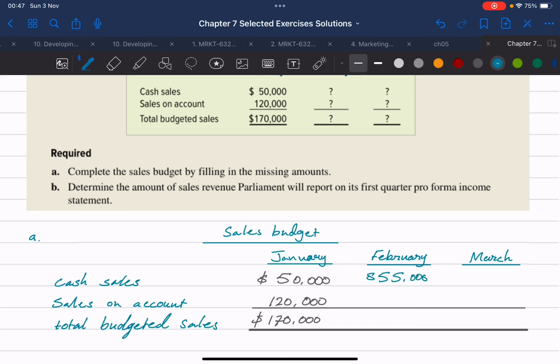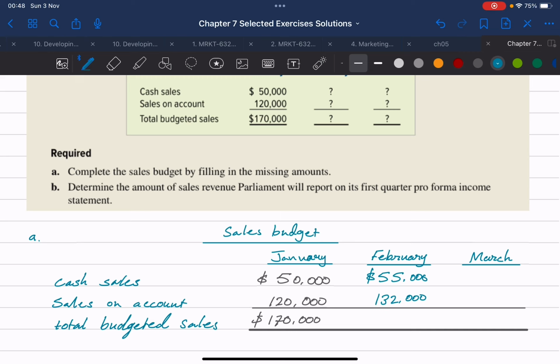So I'm going to write that down: $55,000. Then I can move on to the sales on account figure, the 120,000, and do the same. 120,000 multiplied by 1.1 gives me 132,000.